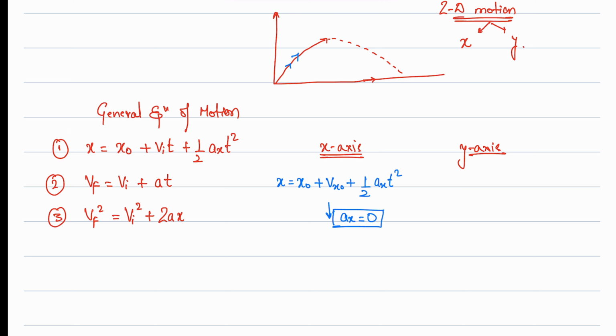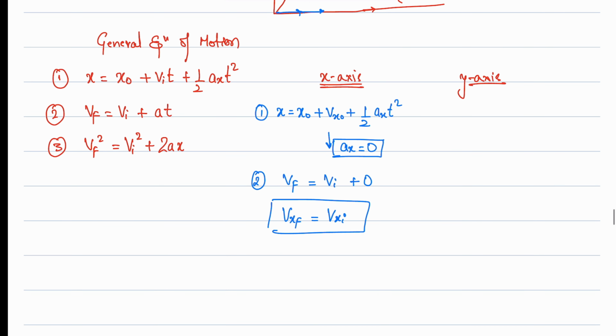There is no acceleration along the x-axis. So this is your first equation. For the second equation, can I say vf equals vi plus 0? What does it mean? Can I say vx final is always equal to vx initial? Yes or no? Clear? Okay.